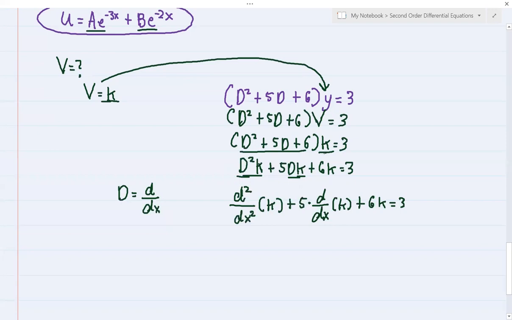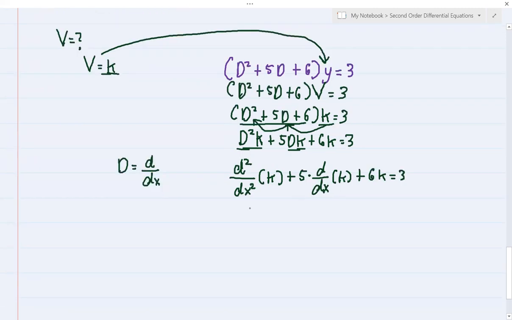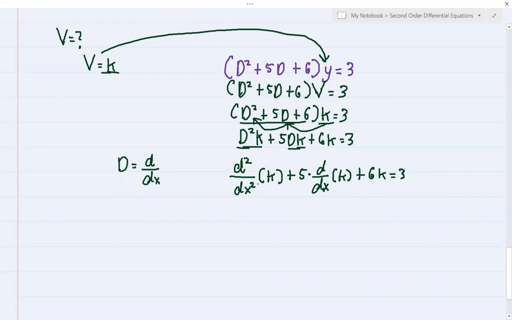Since you distribute your K to your D and your D squared, you're going to get the derivative of them. Okay? So first, we have d squared all over dx squared of K. So meaning, the second derivative of your K. And remember, your K is a constant.